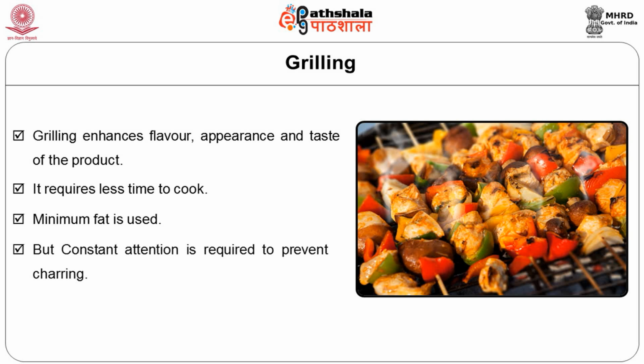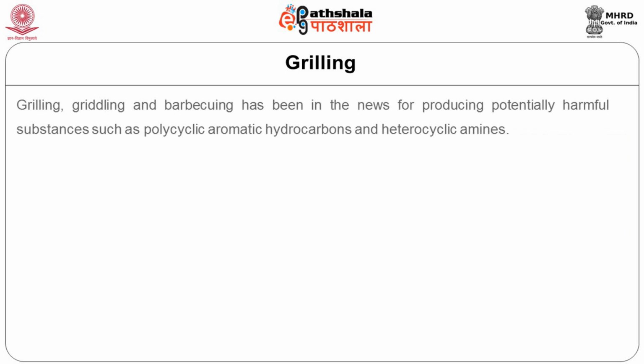But I would wish to share an important information with you at this point. In recent times, grilling, griddling and barbecuing have been in the news for producing potentially harmful substances such as polycyclic aromatic hydrocarbons and heterocyclic amines.